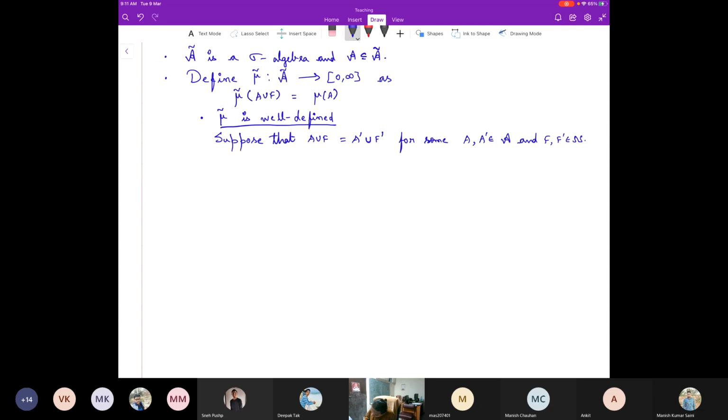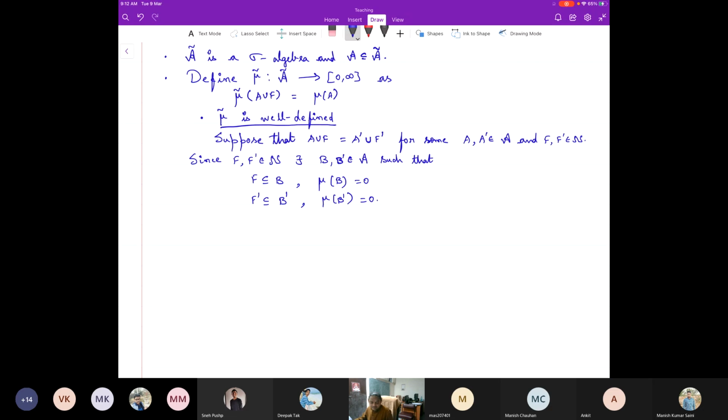Now since F dash belongs to N, there exists B dash in A such that F is contained in B, mu of B is 0, F dash is contained in B dash, and mu of B dash is 0.